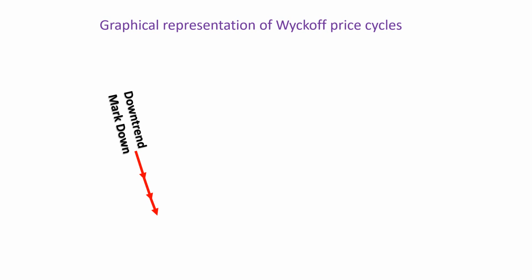Now, there are also times the market shifts to directionless price action, the accumulation cycle, where price drops to its lowest level and starts to attract the smart money. They want to buy the stocks at the lowest possible price, and this is called the accumulation cycle.